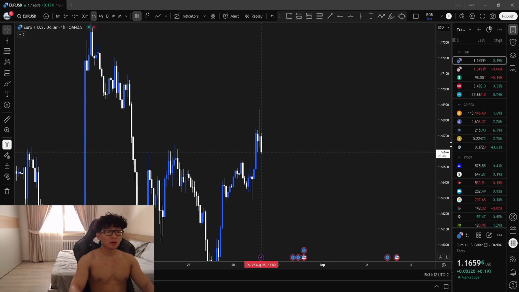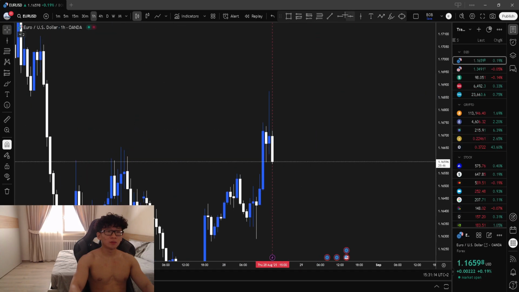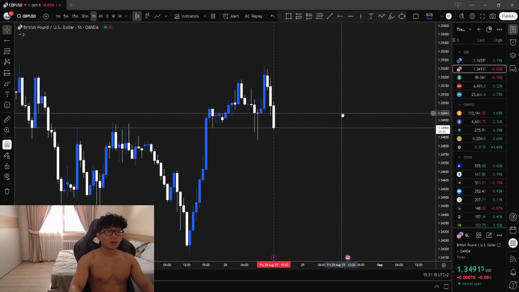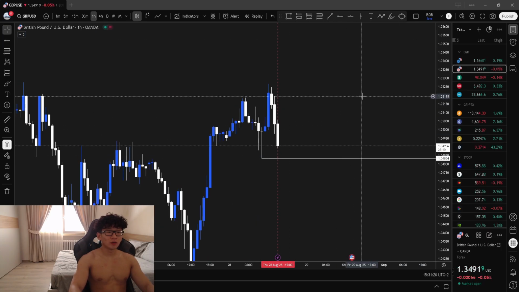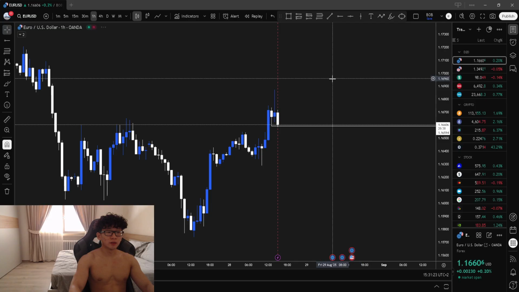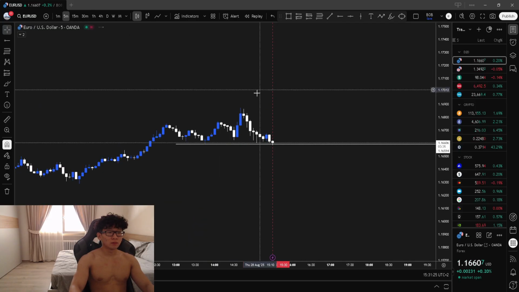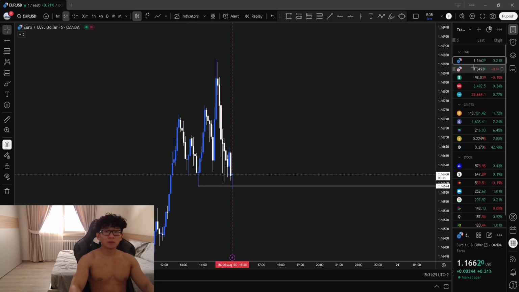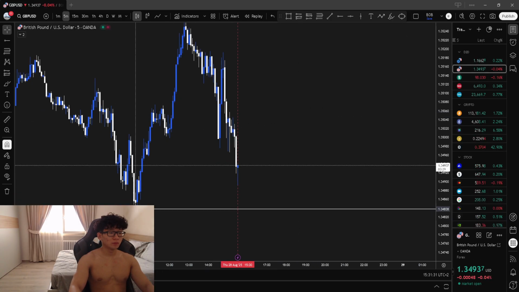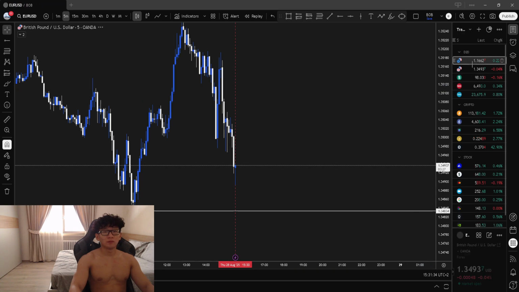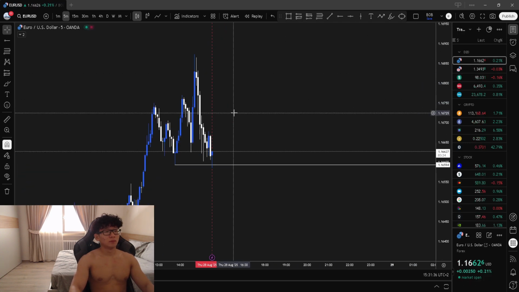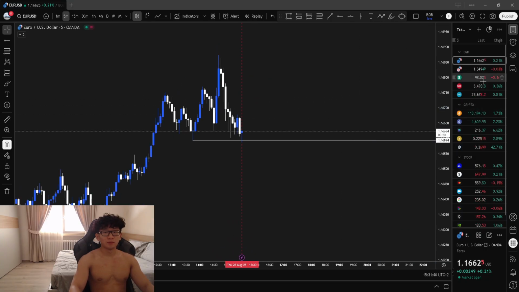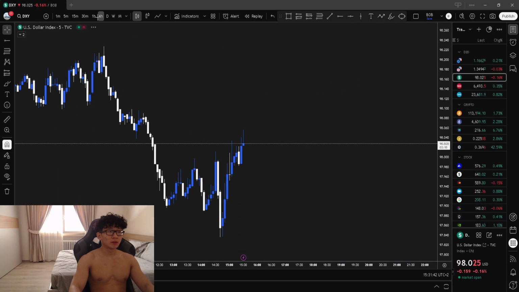and right now we are sweeping this low on Euro USD. We just swept that, and we are going to take out this low too on GBP USD. Let's see the dollar index, how it's doing.